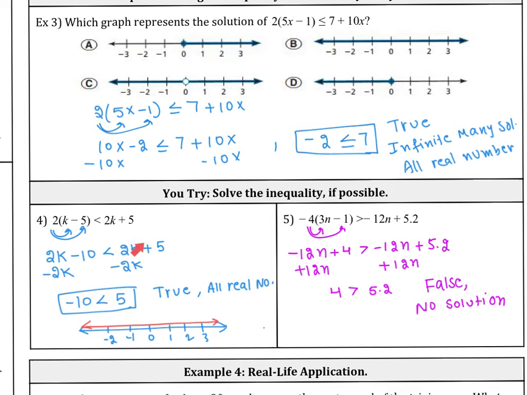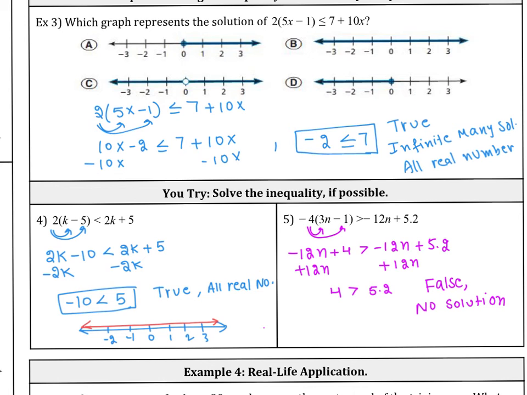So 2k and 2k cancel, you get -10 less than 5. -10 is actually less than 5, so the inequality is true. Which means that it has infinitely many solutions or all real numbers. It means that the graph of this inequality would look like something like that, which will cover all the real numbers on the real number line.